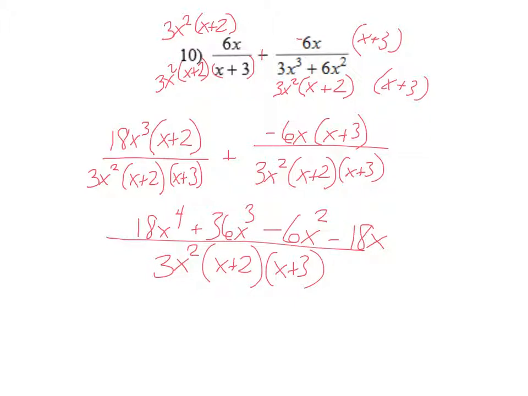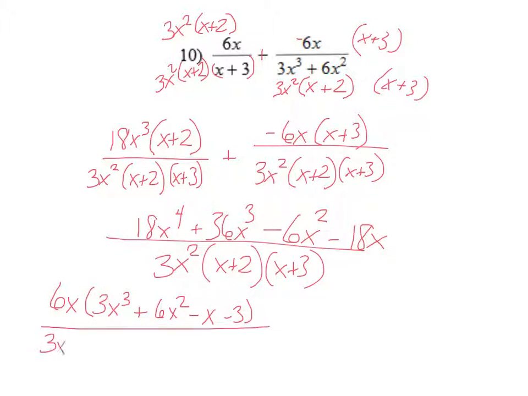I could just pull a 3 out and it would reduce nicely. Either way would work. Let's go ahead and we'll pull the full 6x out and see what we've got left. So you pull out a 6x, you'll have 3x cubed plus 6x squared minus x minus 3.